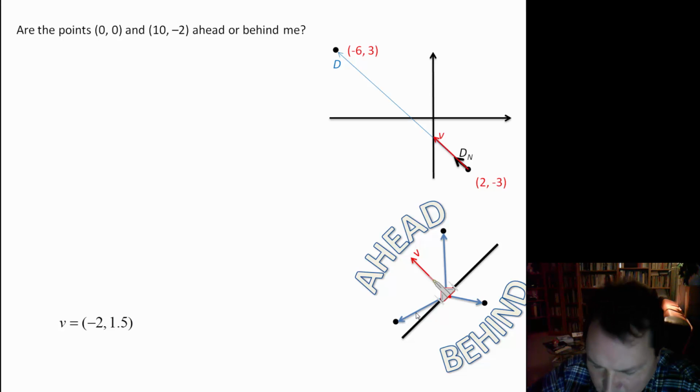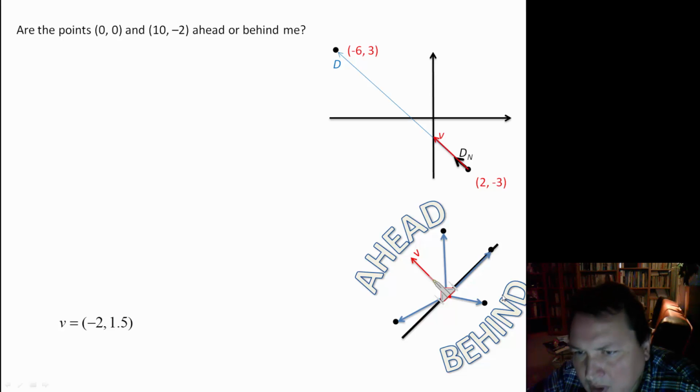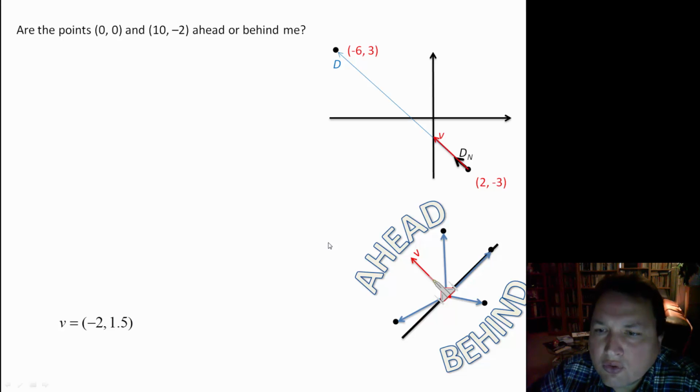In this case, it's also an acute angle, so it's ahead of me, and the most interesting case is the borderline case, where the point is neither ahead nor behind, it's exactly the right angle between my velocity and the displacement vector, so they are perpendicular. For this kind of analysis, we normally use the dot product.